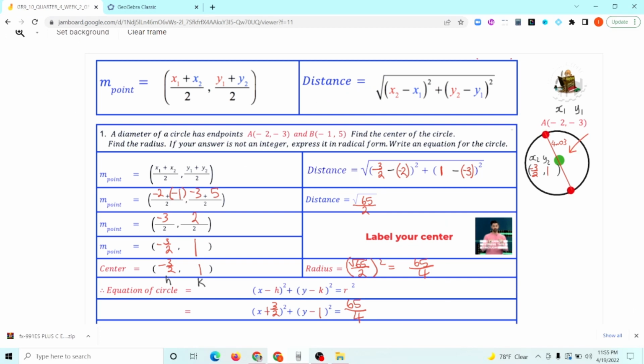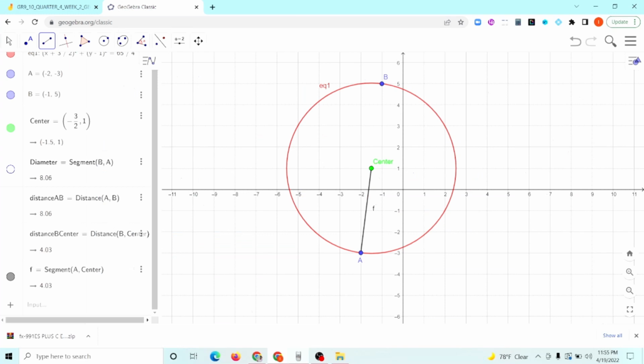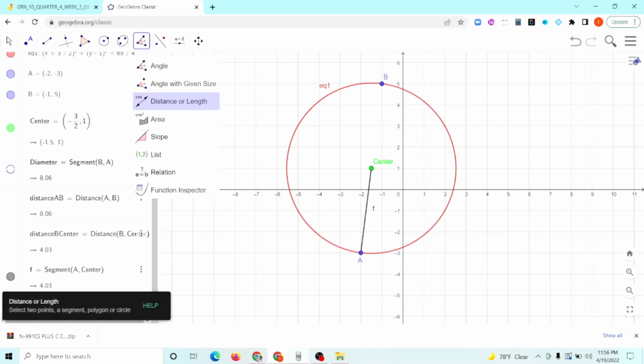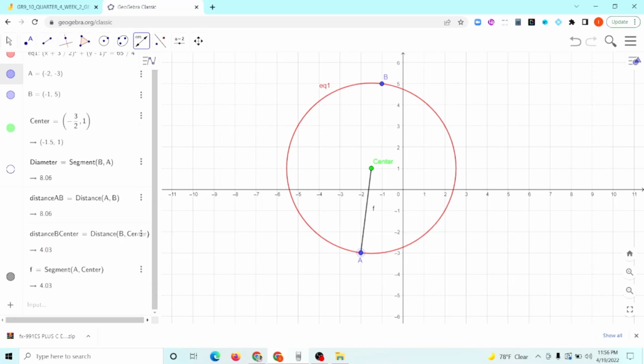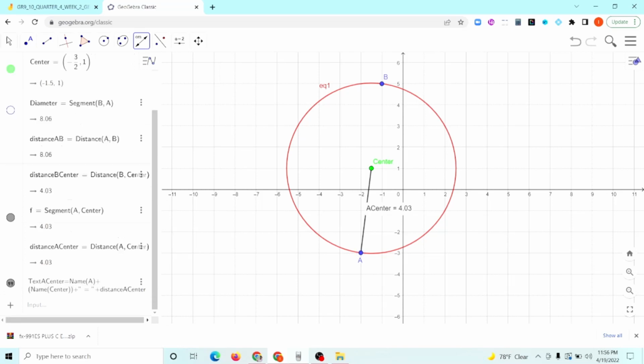Keep in mind our picture that we drew at the beginning. It's not an accurate picture, but now GeoGebra actually gives us the accurate picture. So if I measure using the distance button from A to the center, I should get 4.03, and there you can see it right there.